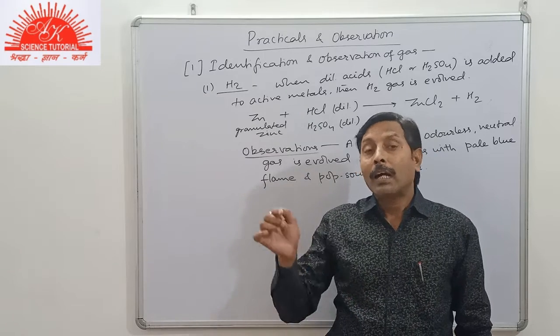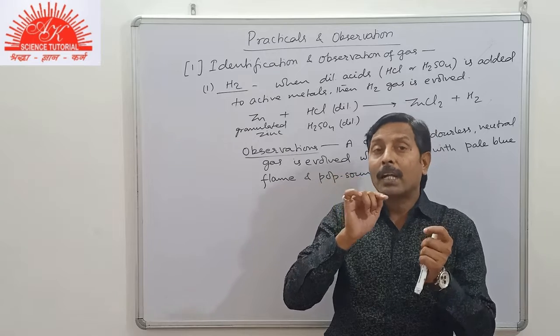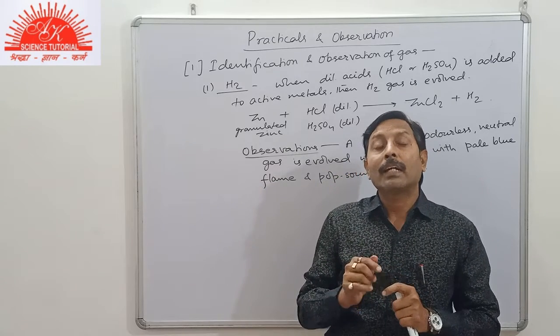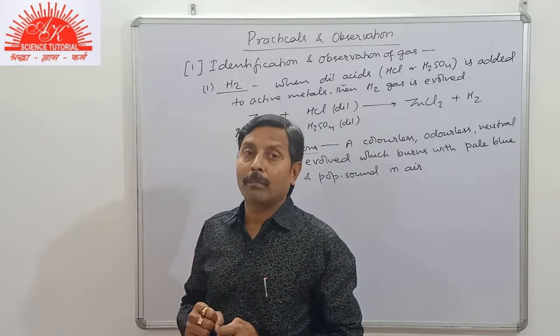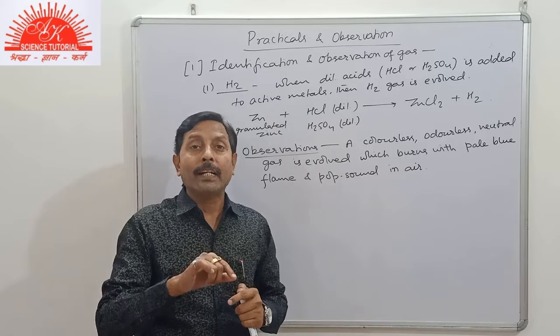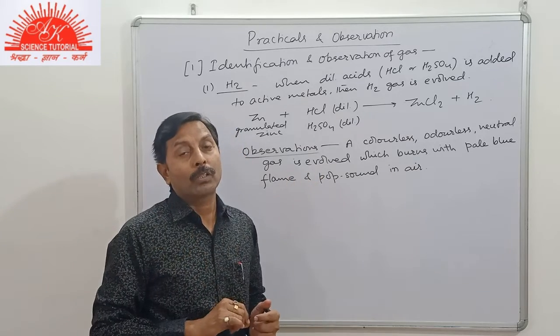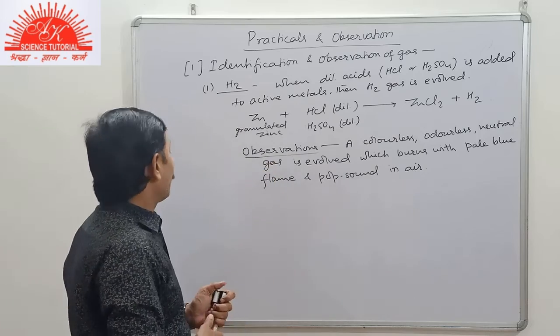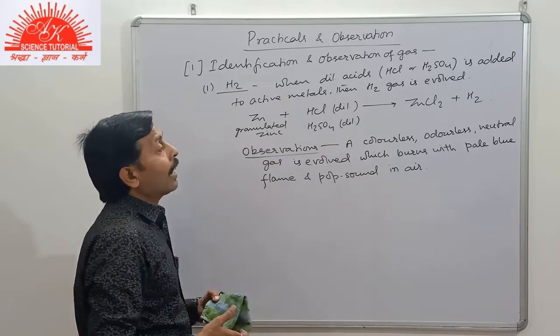If a glowing splinter or burning splinter is brought at the mouth of the gas jar, the gas will smoothly burn with blue flame. But when a jet of hydrogen is burnt in air, then it will burn with pale blue flame and pop sound. So this is the first gas studied by us, that is hydrogen.